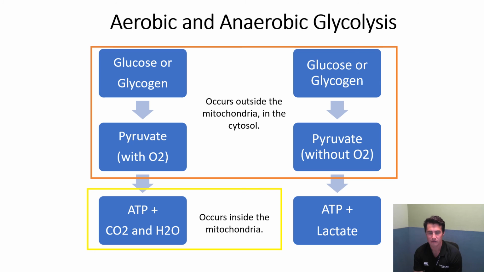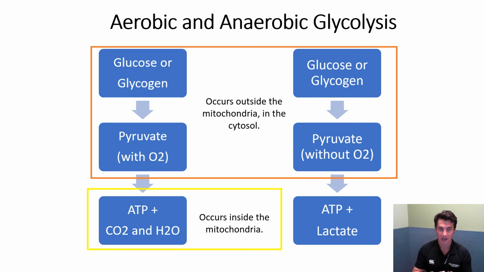Now, if you have enough oxygen available, so you're not asking your body to produce ATP quickly, that pyruvate, that is a byproduct of glycolysis, moves into the mitochondria of the cell, and your body is able to produce ATP with a byproduct of CO2 and water.